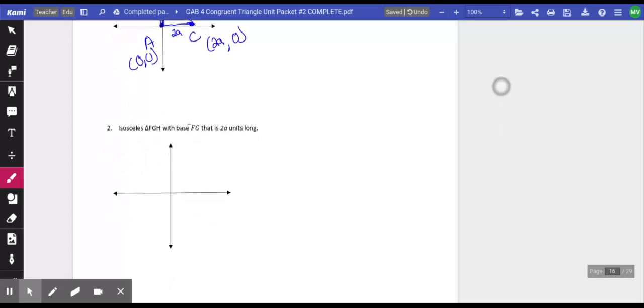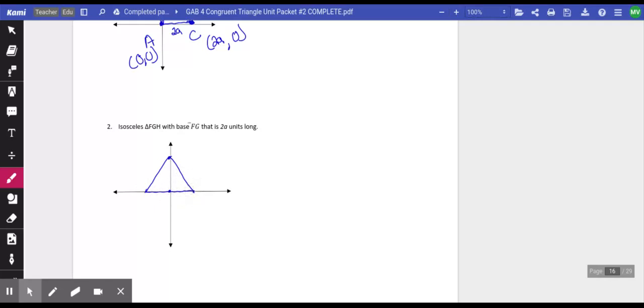Okay, now I have an isosceles triangle FGH, with the base FG that is 2a units long. So this is when I like to use the origin as a middle. I know that in an isosceles triangle, if I draw the perpendicular bisector, it creates two equal halves of the base, and it splits the vertex angle.